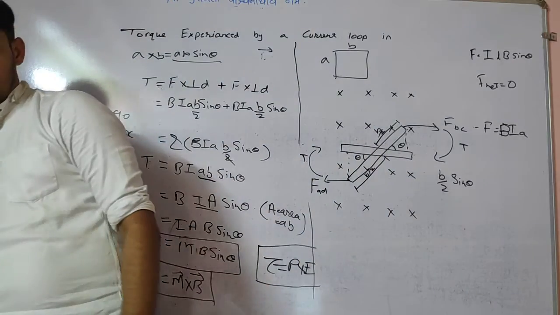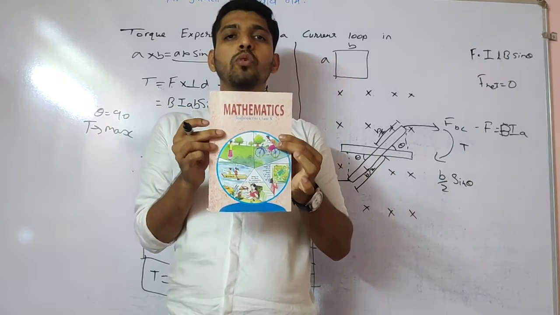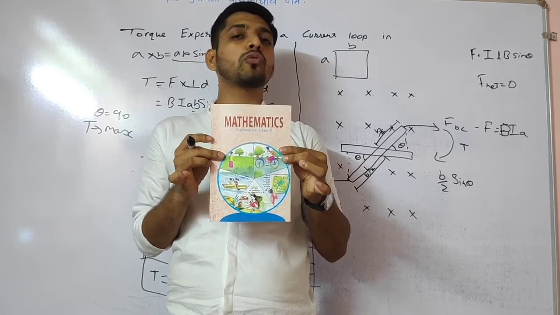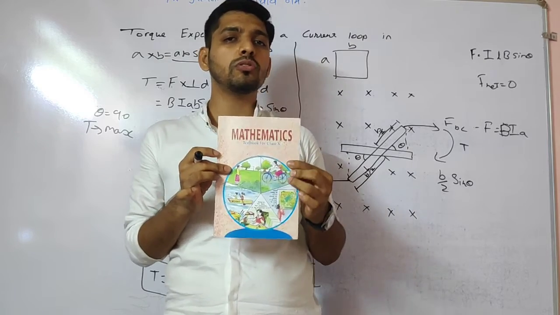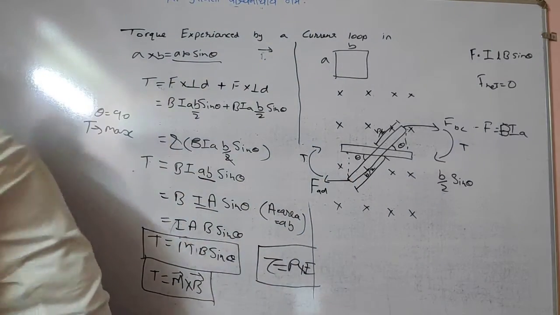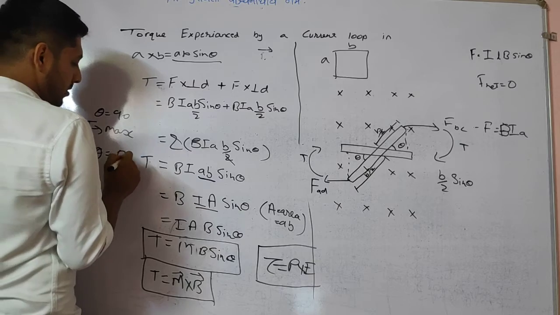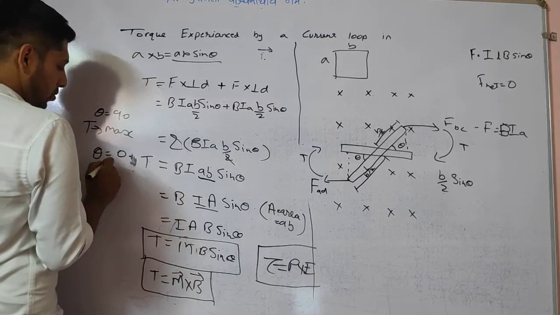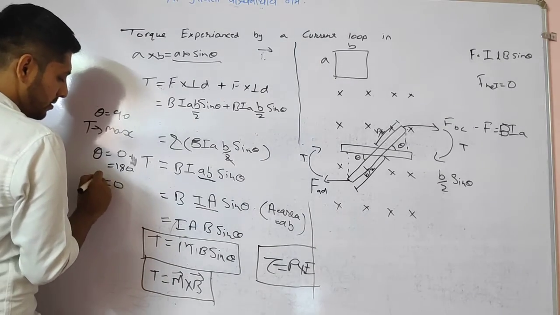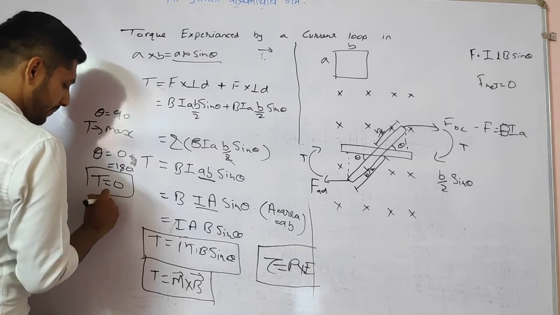Where is the book? Yes. The initial condition when the loop is in this form, there was no torque acting on it. Net force was also 0 and net torque was also 0. Means here there was no rotation. Means the theta was 0. So in that condition, when theta equals to 0, or also you can say when theta is equals to 180, in both conditions torque will be 0, or you can say minimum.